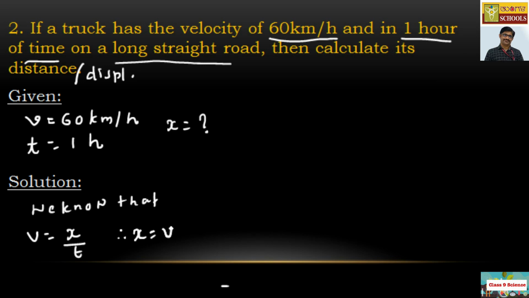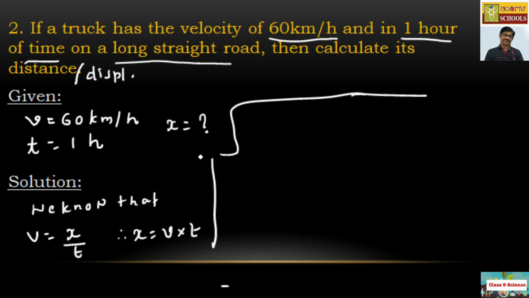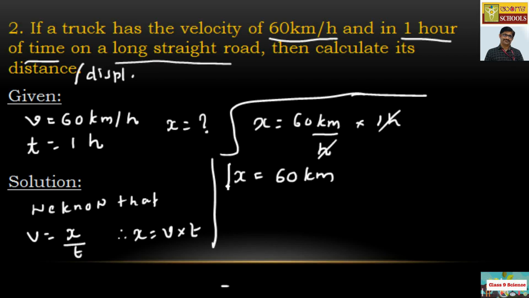Therefore x is equal to v into t. V means 60 kilometer per hour, so 60 kilometer divided by hour into 1 hour. Therefore the hours cancel each other, and hence x equals 60 kilometer. Therefore the displacement of the truck x is equal to 60 kilometer.